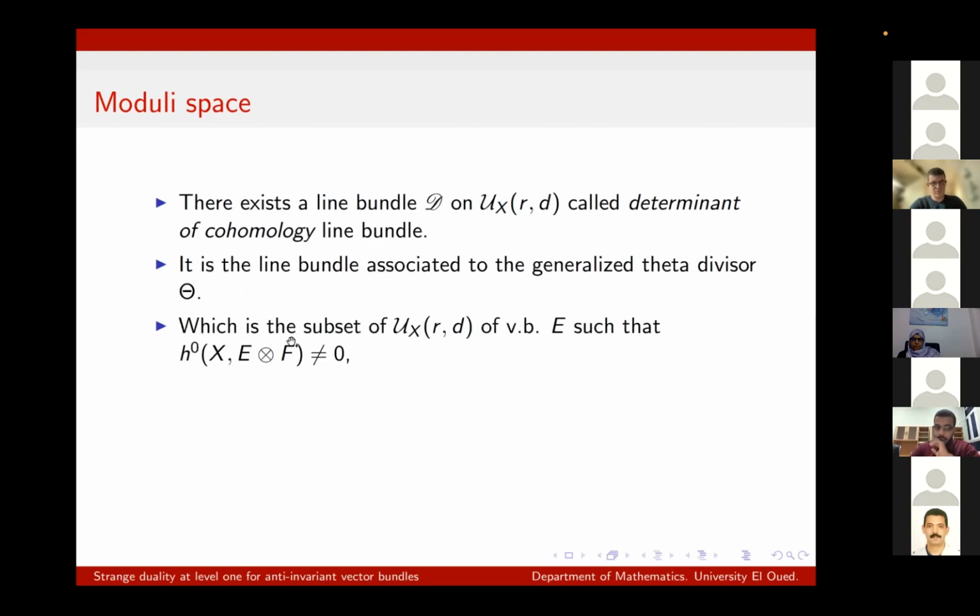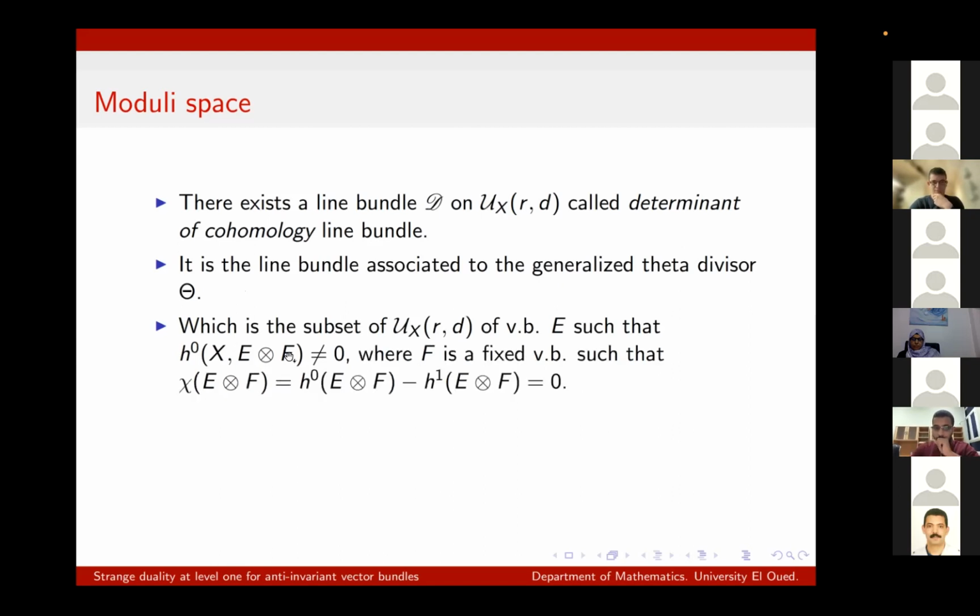This theta divisor is the subset of the moduli space given by the condition that H^0(E ⊗ F) is non-zero, meaning that this tensor product vector bundle has at least one non-zero global section, where F is some fixed vector bundle that gives us the numerical condition that the Euler characteristic is zero.